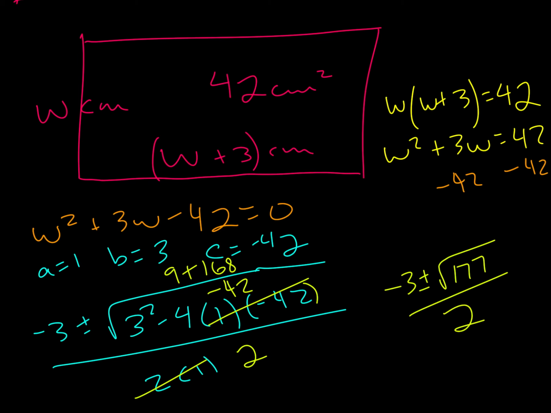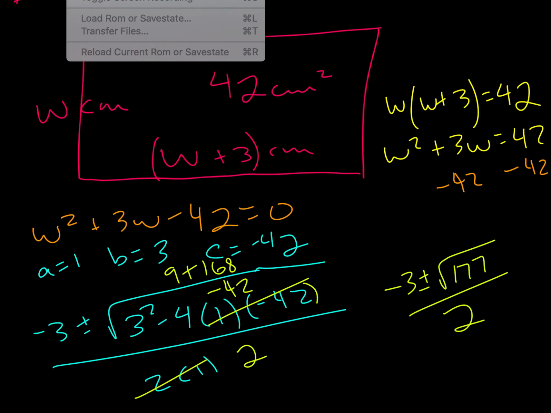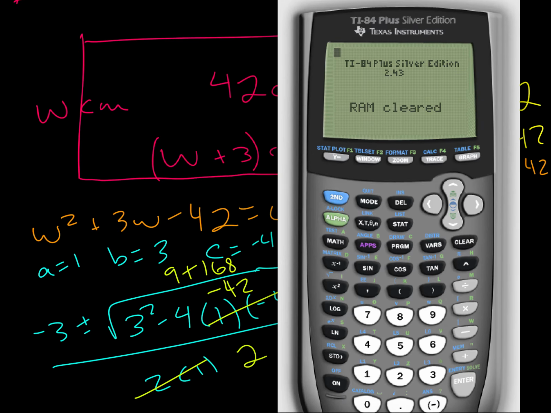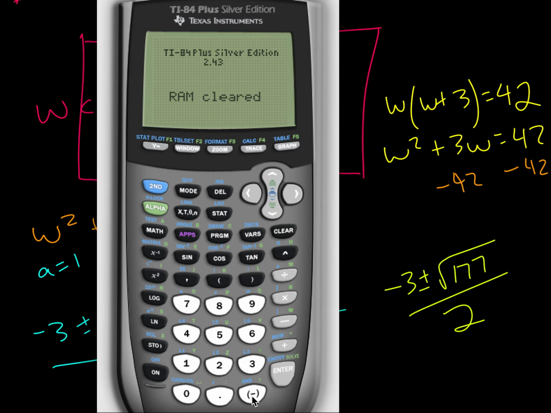So we have this. Now, if we tell someone, okay, the width of a rectangle is negative 3 plus or minus square root of 177 over 2, they're probably just going to punch us or something. So we do need to go to a calculator. And we'll try each one at a time. So I'm going to say negative 3 plus square root 177, and then divide that answer by 2.